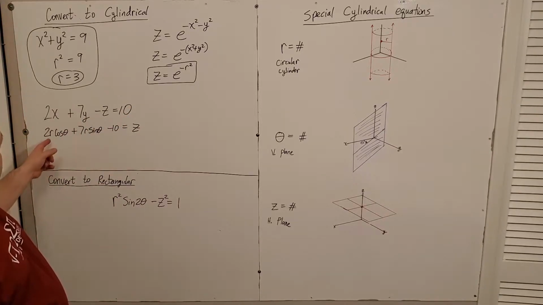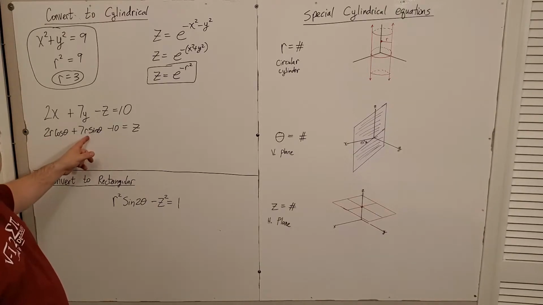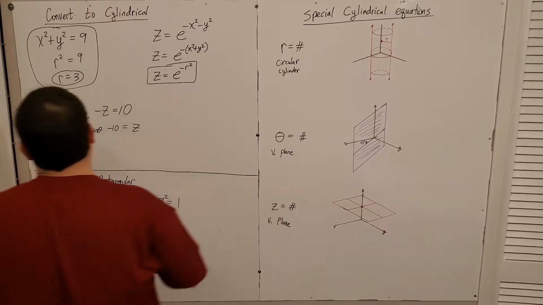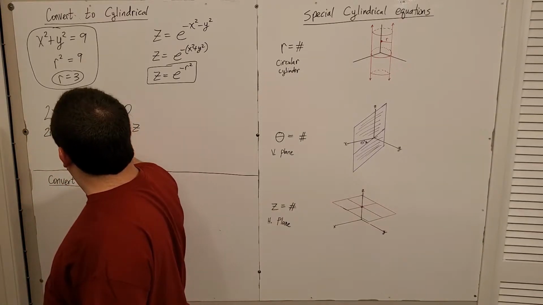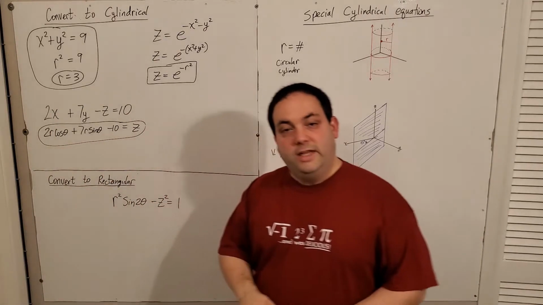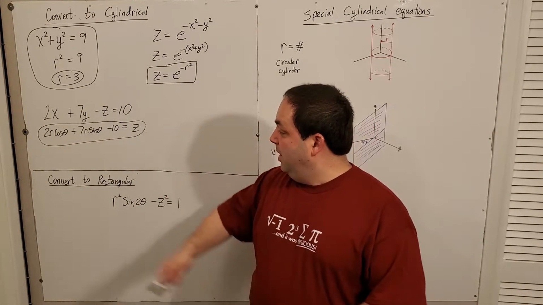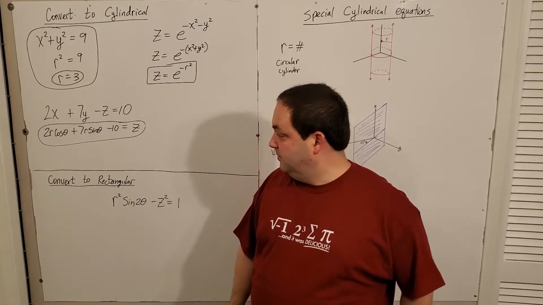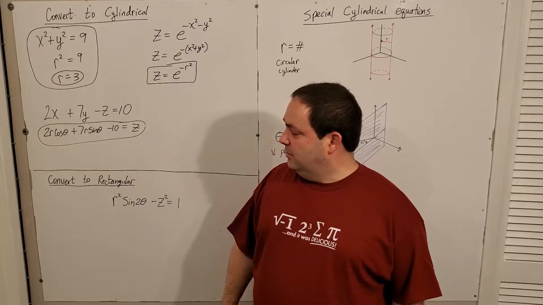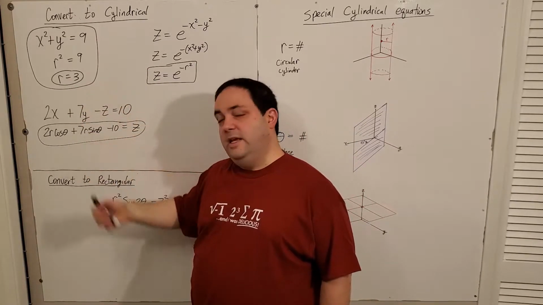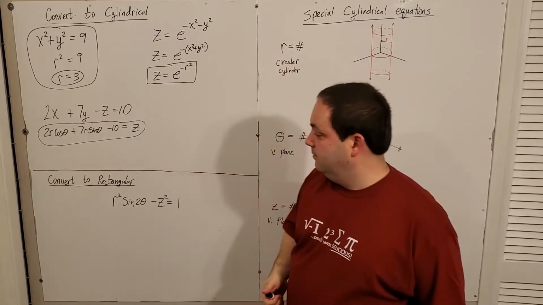About the most you could do is possibly factor an r out of here, but there's no r on the negative 10. Okay? So then this is pretty much where you're stuck at converting into cylindrical coordinates. I've got my r, theta, and z now as my components there. Okay? So sometimes when you convert things it works out really nice. Other times it may not work out as nice.